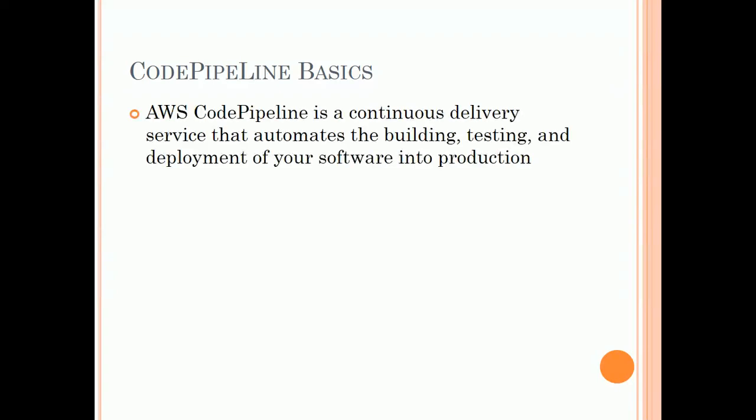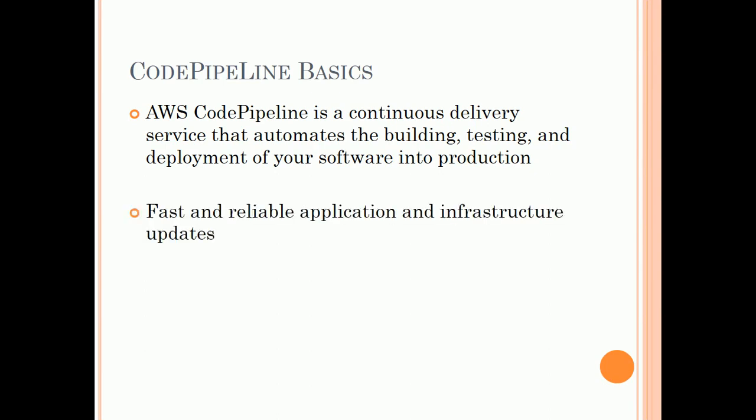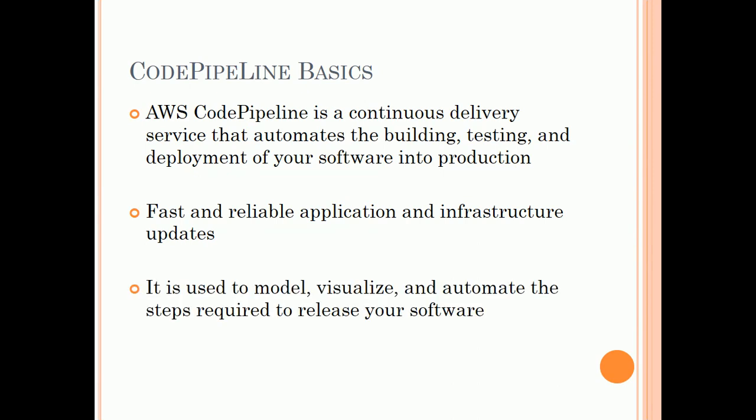AWS Code Pipeline is a continuous delivery service that automates the building, testing, and deployment of our software into production, which results in fast and reliable application and infrastructure updates. It is used to model, visualize, and automate the steps required to release your software.